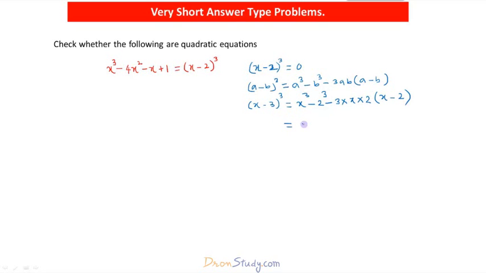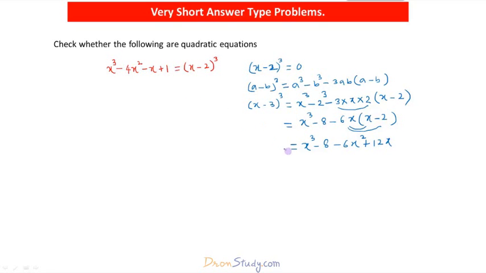So which is equal to x cube minus 8 minus 6x into bracket x minus 2. So it will be x cube minus 8 minus 6x square plus 12x.